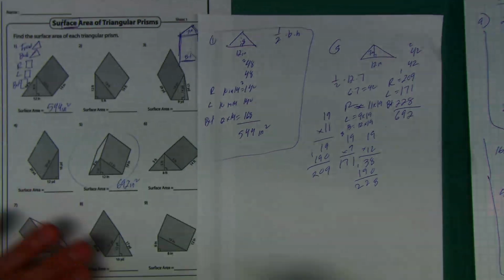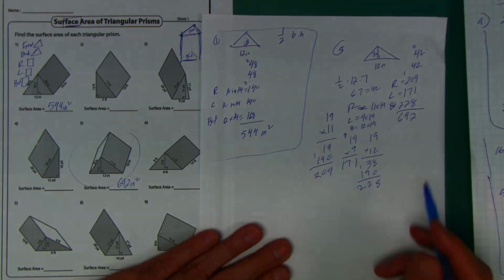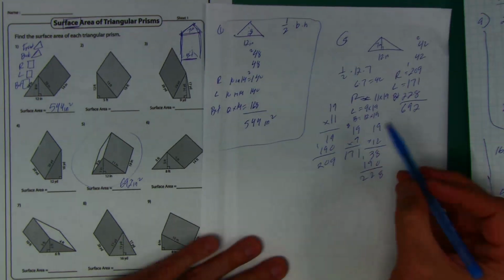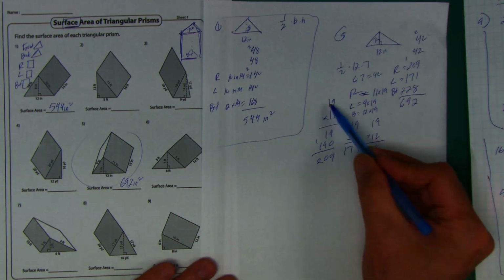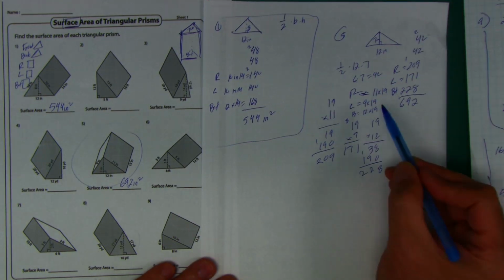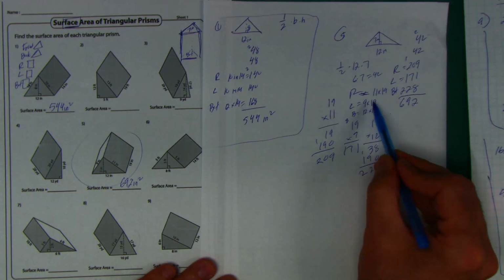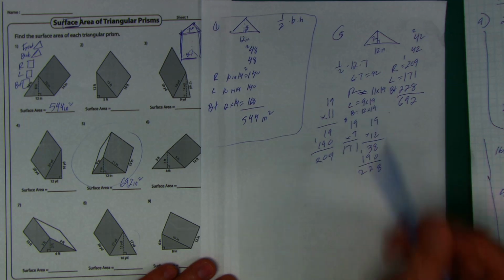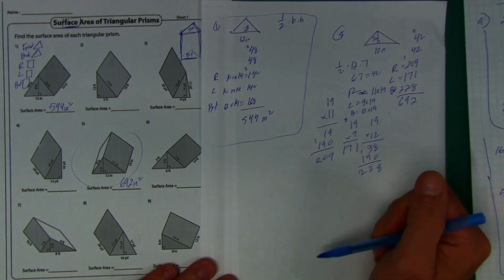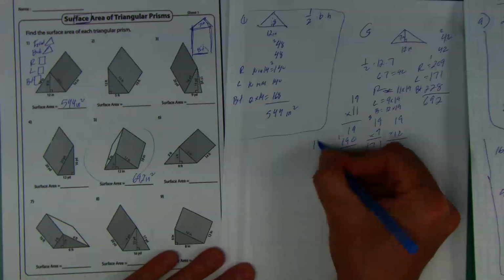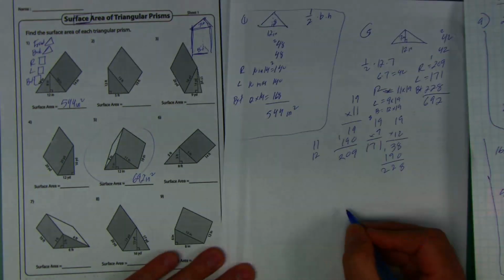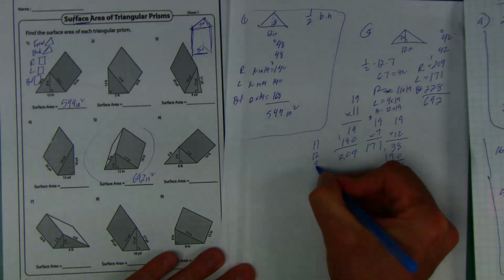Okay. Now I want to show you a little secret here. I don't know if you noticed that I did 11 times 19. Then I did 9 times 19. Then I did 12 times 19. Right? All of those were times 19. 11 plus 12 plus 9.